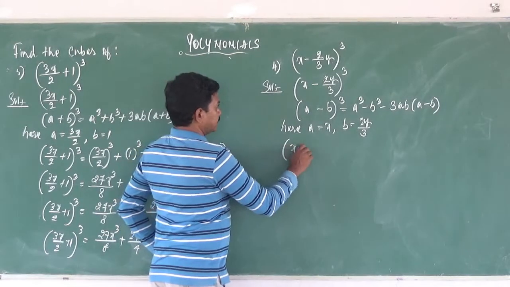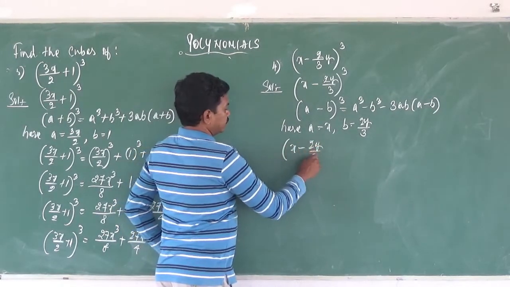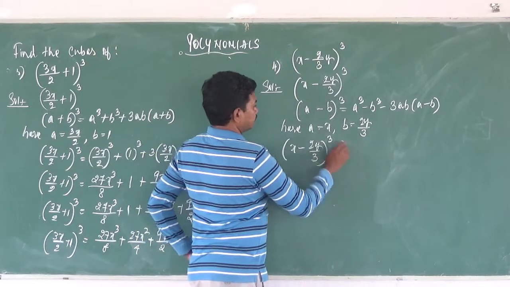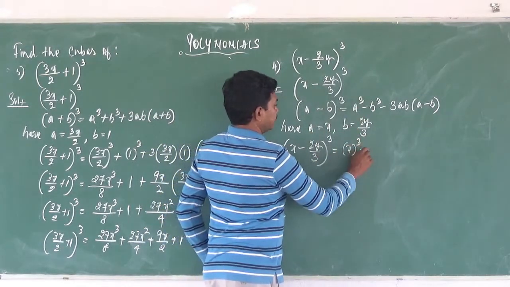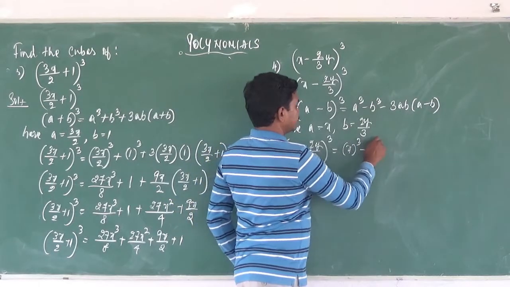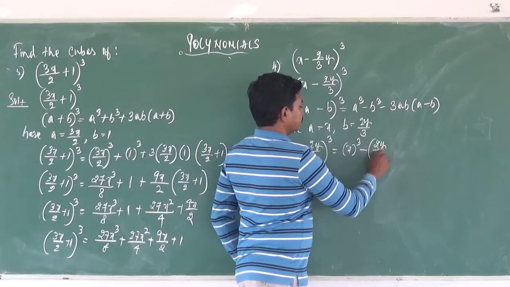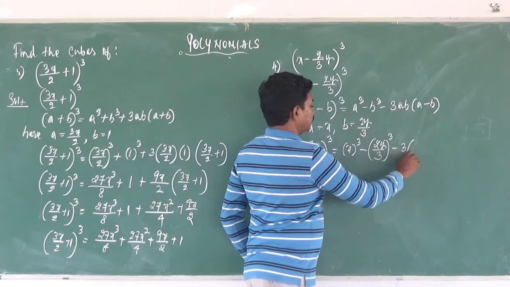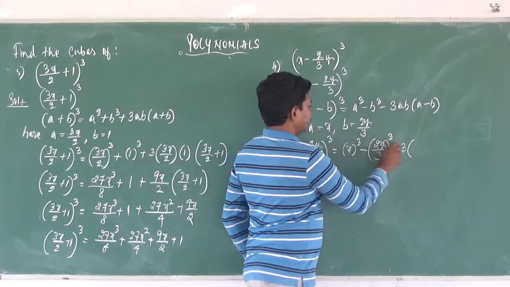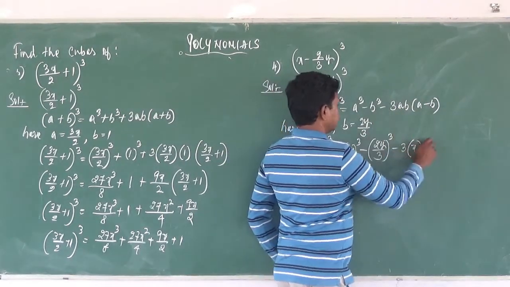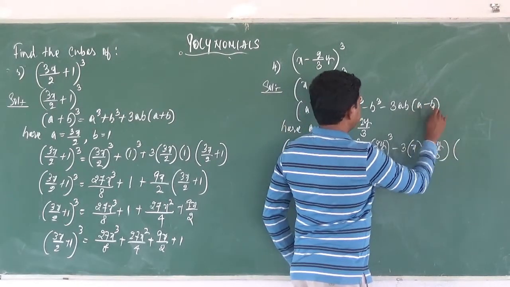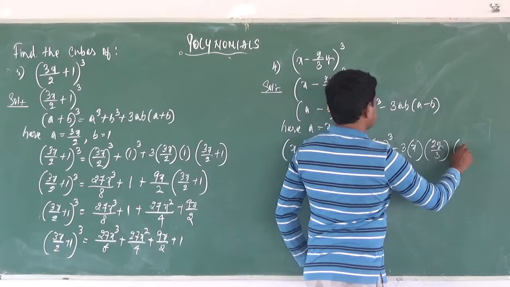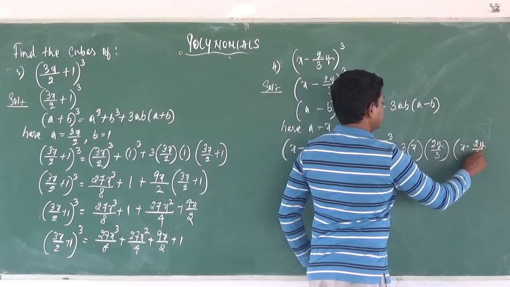So (x − 2y/3) whole cube is equal to a is x, a cube is x whole cube, minus b is 2y by 3, b cube is (2y/3) whole cube, minus 3 into a is x and b is 2y by 3, into (a − b), that is x minus 2y by 3.